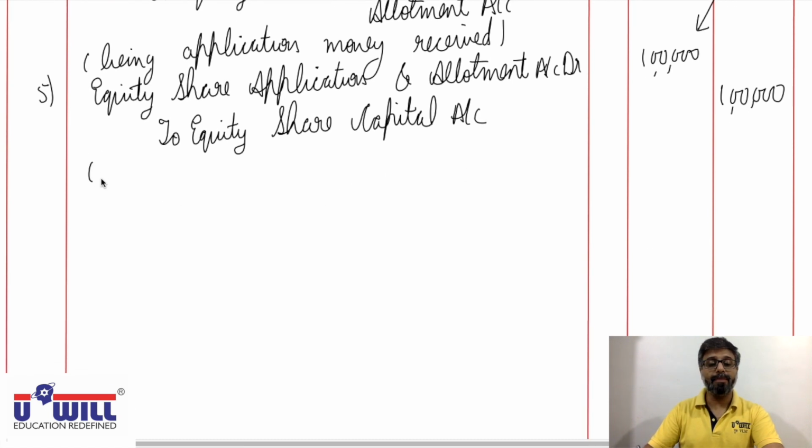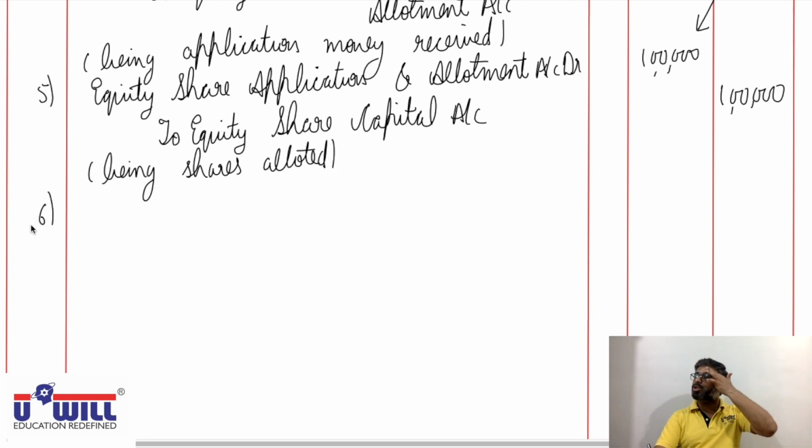Okay, being shares allotted. When we allot the shares, then we pass this entry. Right? So issue of shares to public is also done. Two entries will be passed for that.